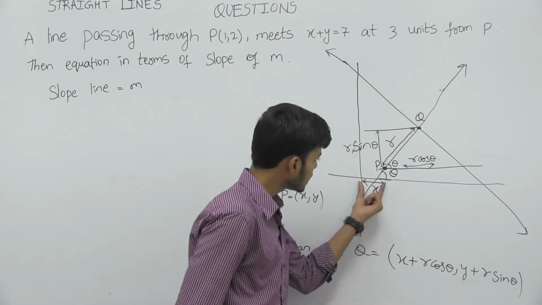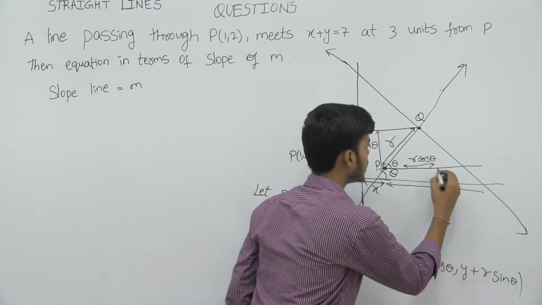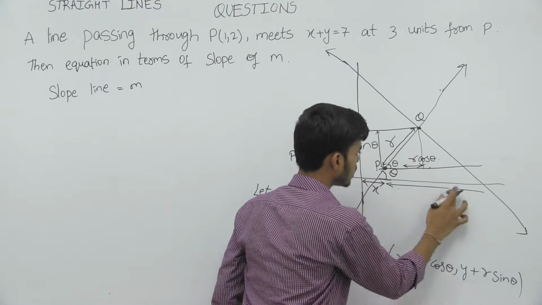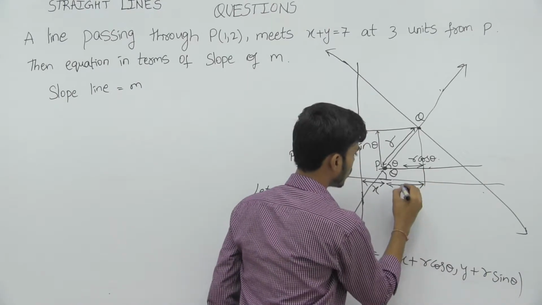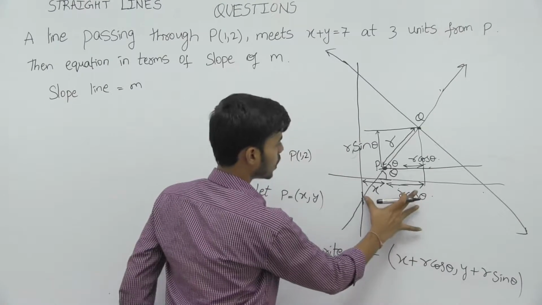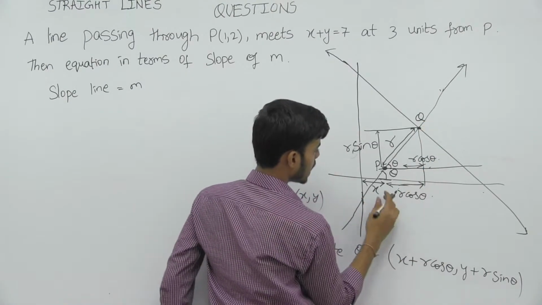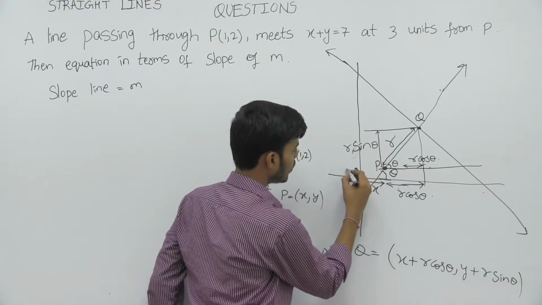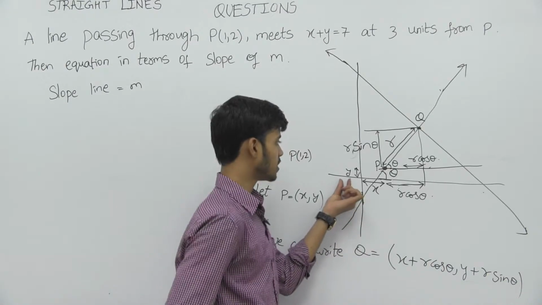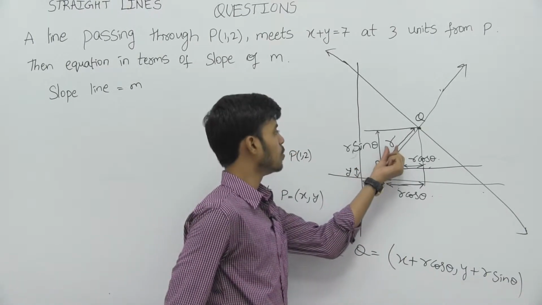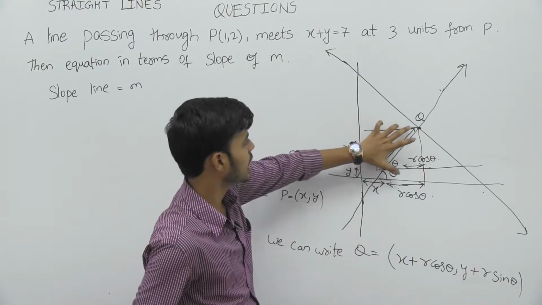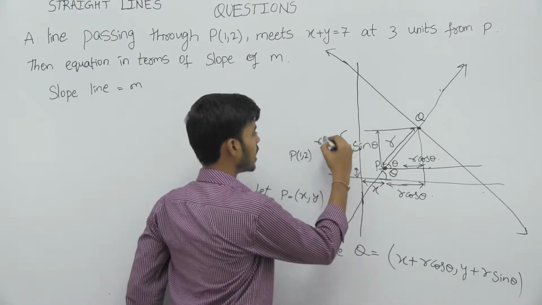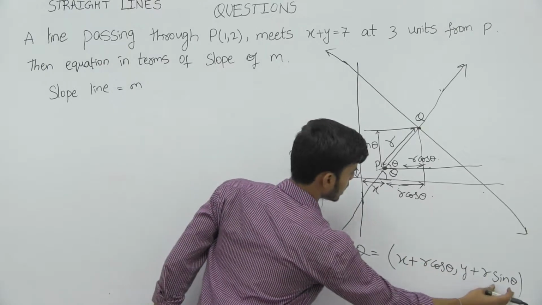So we know this is x, and this is r cos theta, so the total x coordinate of Q is x plus r cos theta. In the same way, P's y coordinate was y, and because of this r, Q is at r sin theta distance vertically, so we have y plus r sin theta.